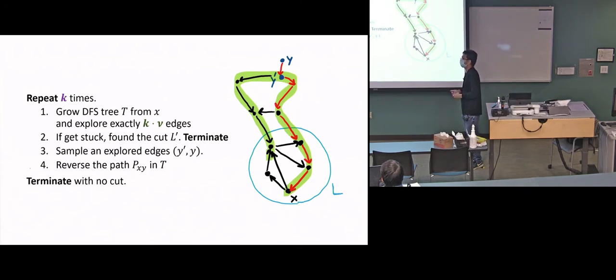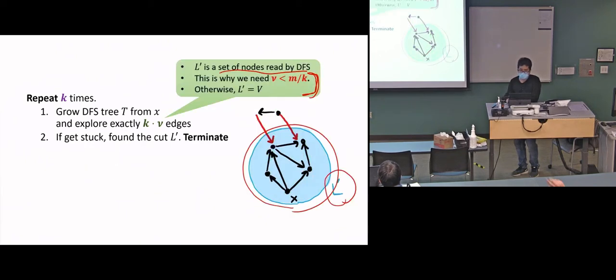The path may go out of the cut. If you got stuck, you don't go out of the cut, right? You explored k edges and you have reversed k times, so there is no outgoing edge. Right.